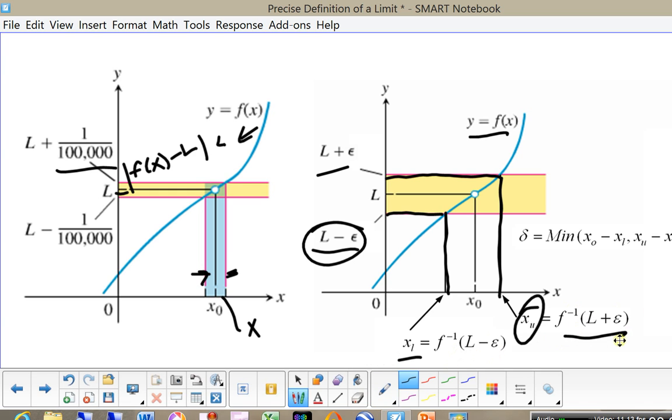Both of these would be the inverse function of L plus epsilon or L minus epsilon, and then pick the smaller of these intervals. The way this is drawn, this is the smaller interval, and therefore delta would be that distance.